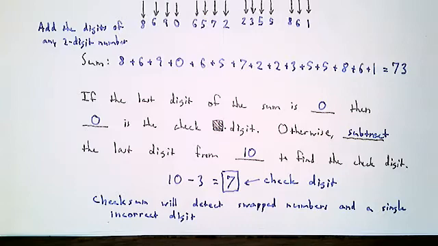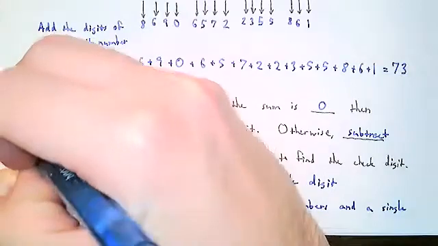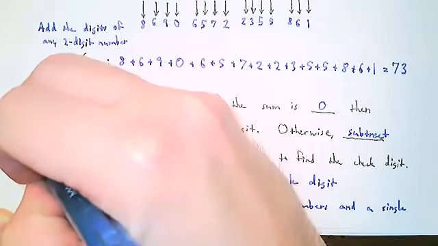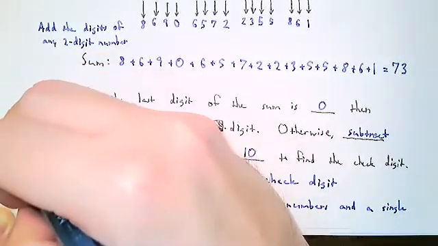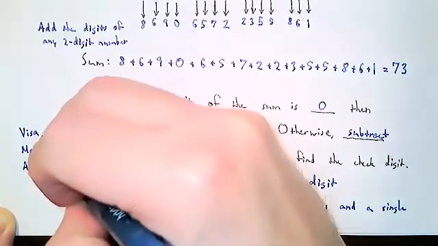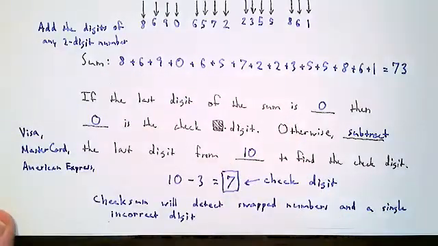If you wanted to maybe check your own credit card, see if its checksum, if you happen to have a Visa, a MasterCard, an American Express, or what's the last one?